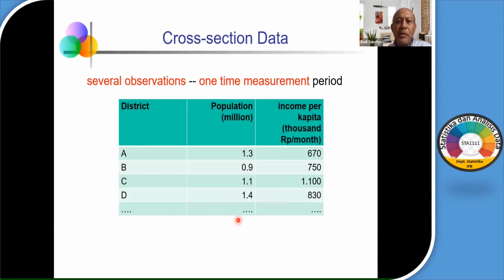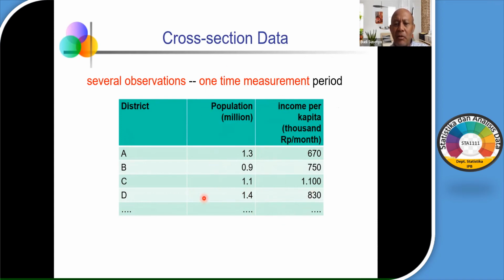So, for example, this is cross-section data. District A, B, C, D, population, how many people, how much income per capita. Population is a variable, income per capita is a variable, district is the individual. This is only one time I measure.